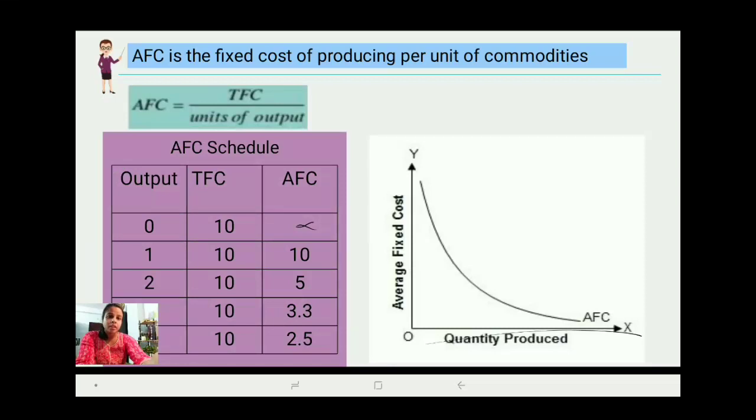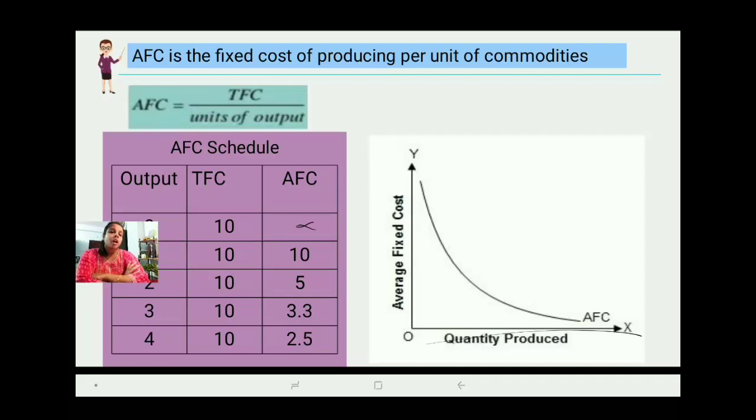When output is 1, total fixed cost is 10, so 10 divided by 1 is 10 average fixed cost. Similarly, 10 by 2 is 5, 10 by 3 is 3.3, and 10 by 4 is 2.5. So these are the average fixed costs.